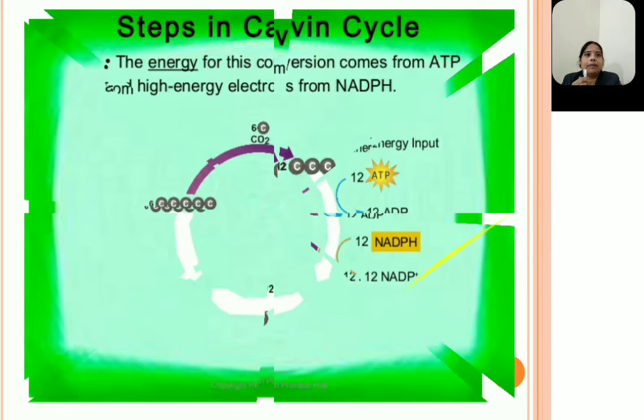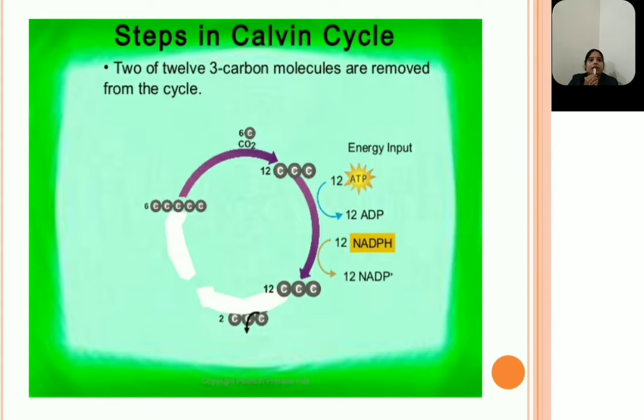The next step after carboxylation is known as the glycolytic reversal. 3 PGA forms 1,3-diphosphoglycerate, which is then reduced to 3 PGA by NADPH.